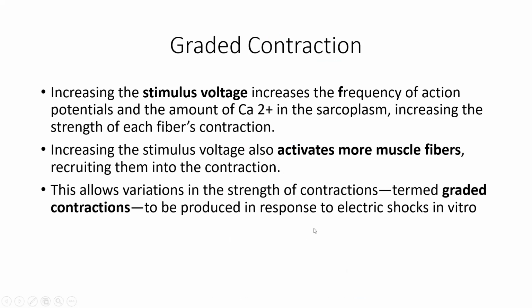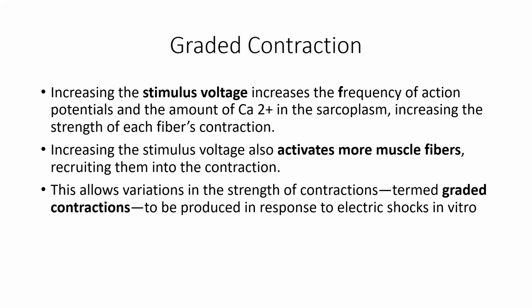And another term is graded contraction, which means that if we actually increase the stimulus voltage, this voltage increase can increase the frequency of action potentials, and of course the amount of calcium in the sarcoplasm, I mean, in the cytosol of the muscle cell. Increasing the stimulus voltage can also activate more muscle fibers, recruiting them into the contraction.